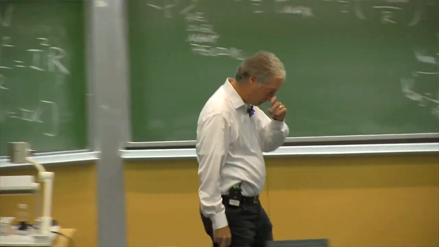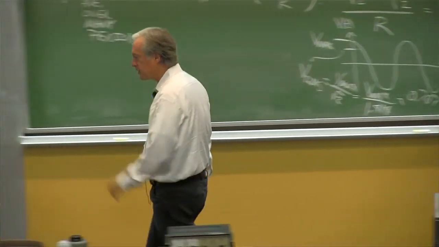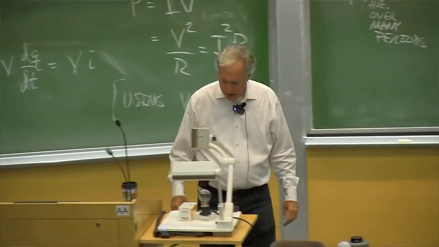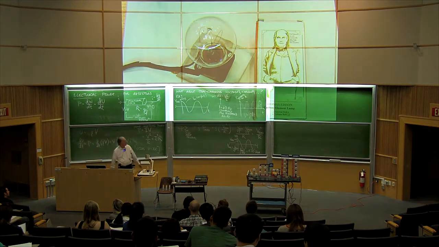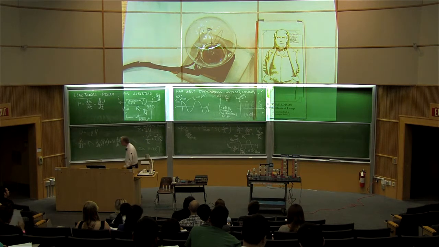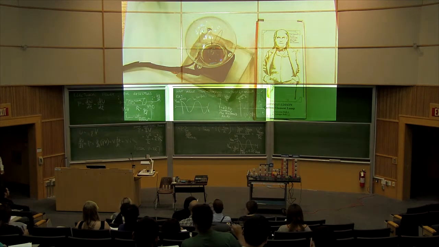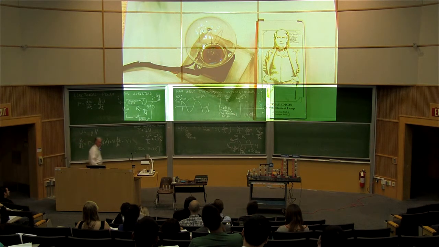Okay, so let's see, 110 volts makes the light. Let's take a look. We have an old style light bulb here. Let's do it without even putting the screen down, maybe. That's not quite so bad.